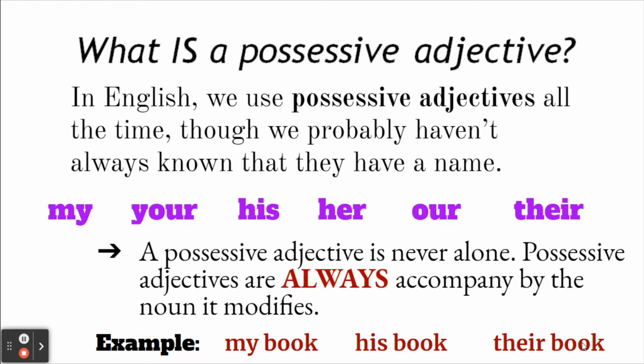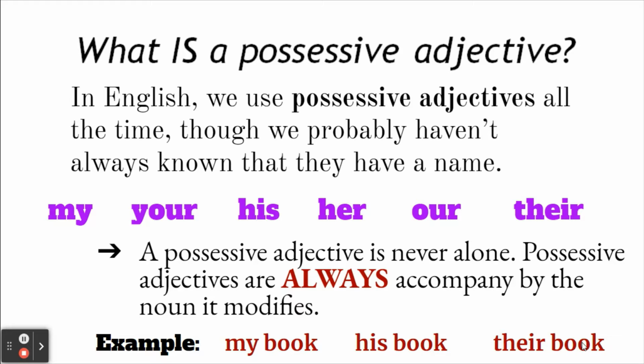Examples are: my book, his book, their book. Just remember that possessive adjectives are always with the noun they modify. That's the way it goes.